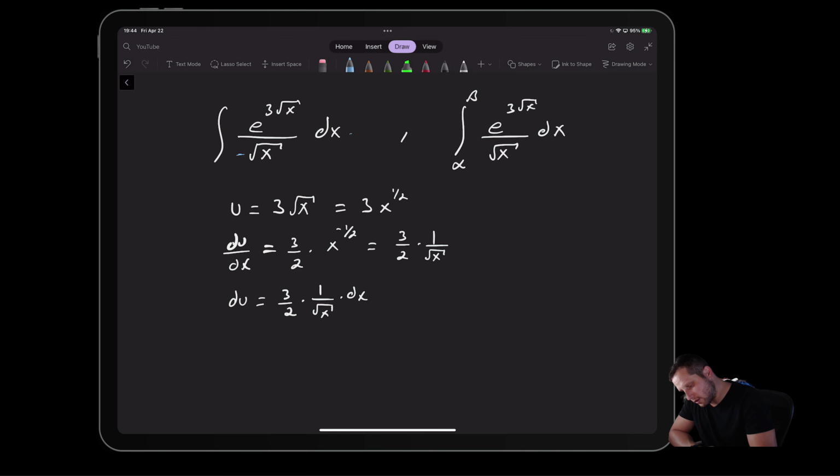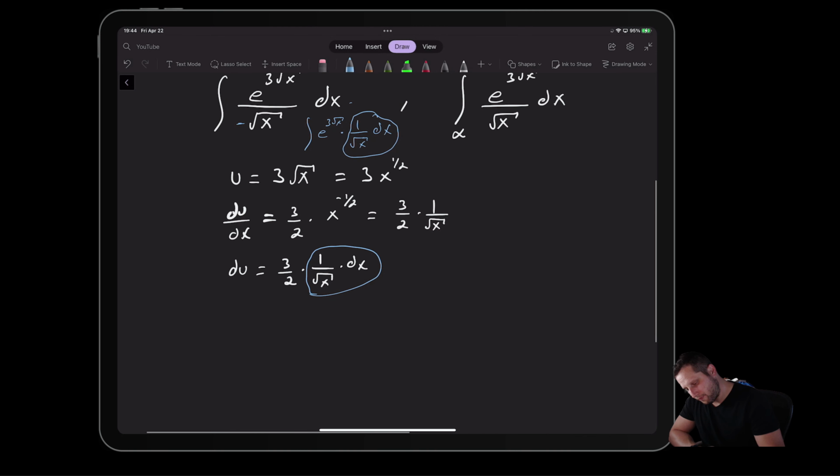If you rewrite this integral, you can write it as e to the 3 root x times 1 over square root of x dx. And this right here is what we have right here, okay?